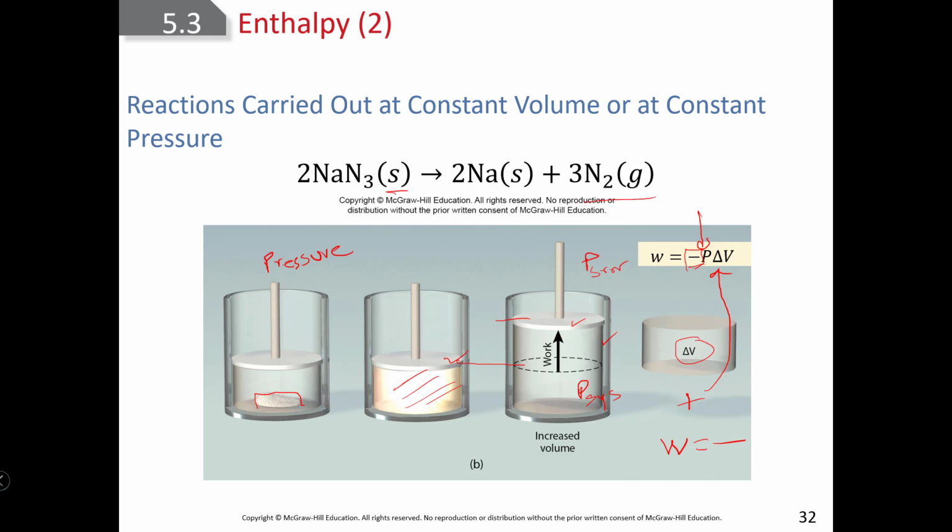So here's what it really comes back to. Work is equal to force times distance. And we know that pressure is equal to a force per area. So all we're doing here is plugging in for force, pressure over area. So you've got the area of the piston, whatever the surface area of that piston is.